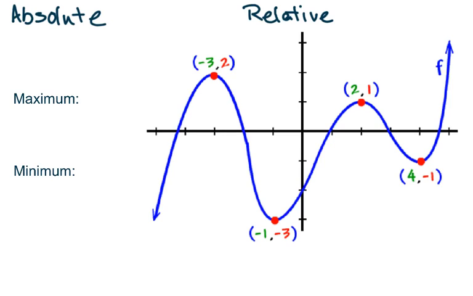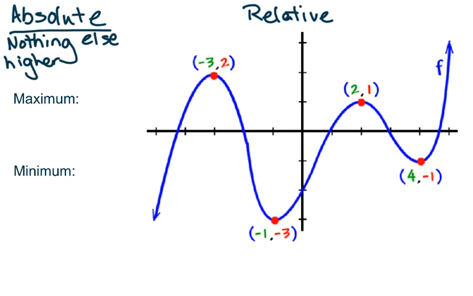a squiggly line. Absolute max and mins means there's nothing else, no other points, and nothing else higher or lower than that point, okay?